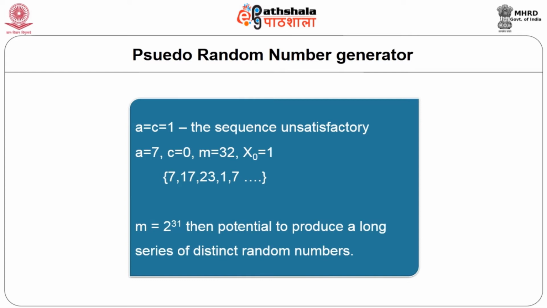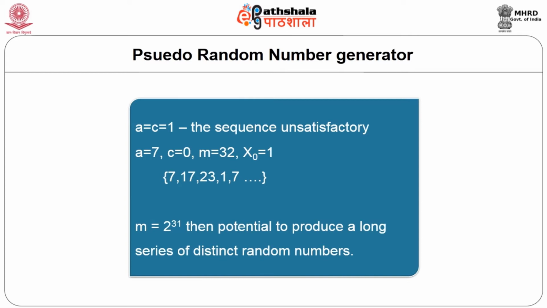Suppose we try another value: a equal to 7, c equal to 0, m equal to 32. The seed we feed is x0, that is 1. It would generate the values 7, 17, 23, 1, 7, 17, 23, 1, 7, 17, 23. Observation: it generates 7, 17, 23 and 1, and then the values get repeated.